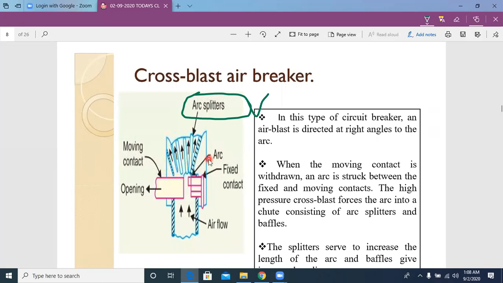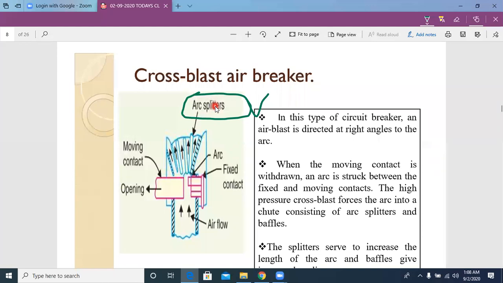That means the arc is split into a number of sections because of the arc splitters. When the arc is divided into a number of sections, automatically the total length of the arc is increased. When the total length of arc is increased, that means the L value is increased, automatically the arc path resistance value R is also increased.